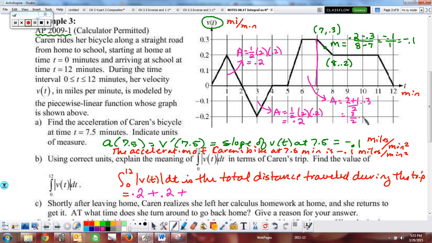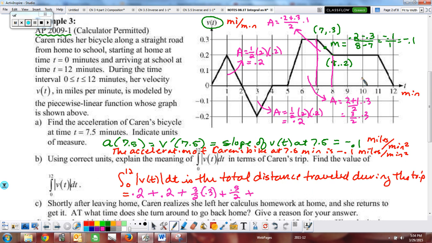We're going to put it in our calculator to get an answer. Plus, all right, now let's take this area. Maybe I'll show this one up here. Area equals the two parallel bases, 0.2 plus 0.3, all over 2, times a height of 1. So 0.5 over 2.